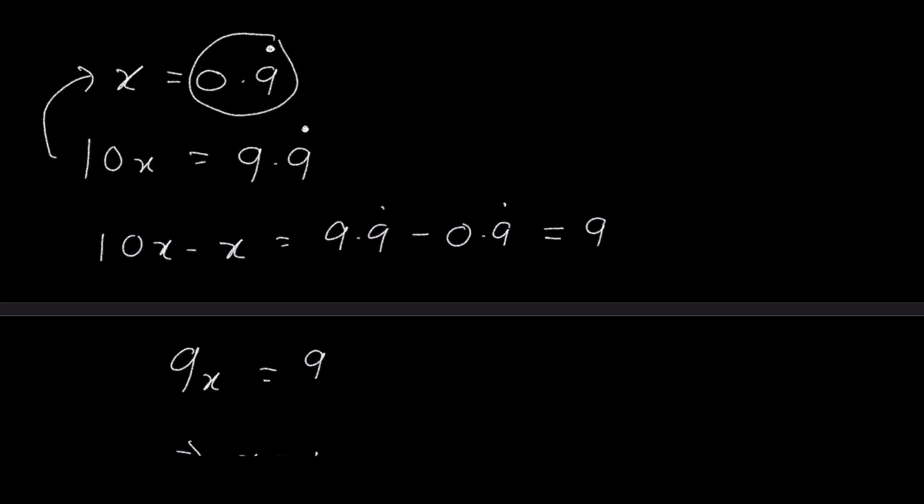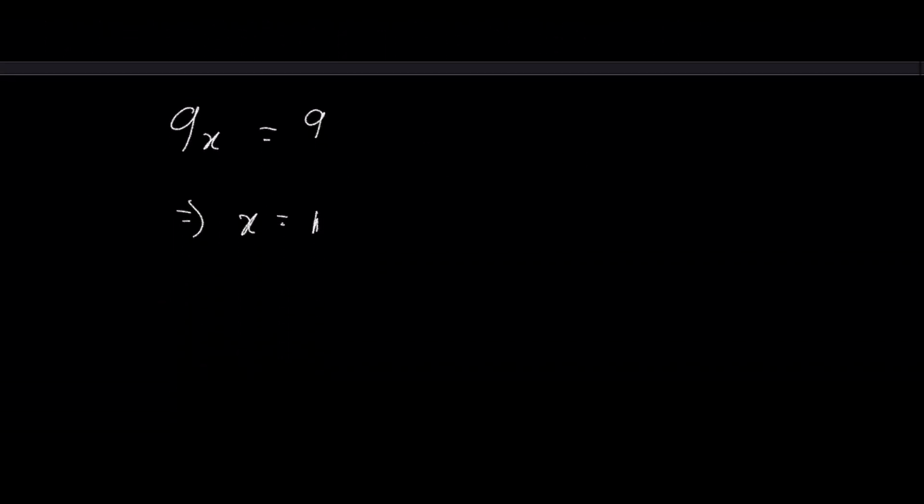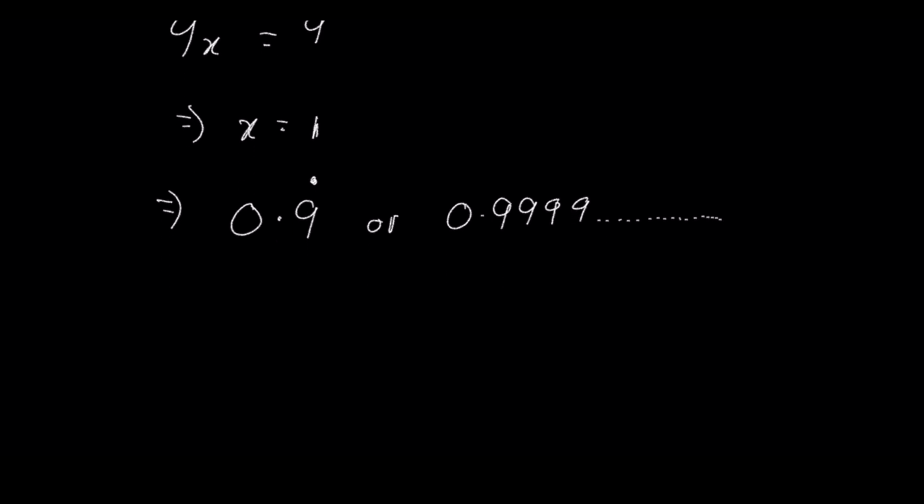Now if we go back, we can see that initially we let x equal 0.9 repeating. So what we've actually proven there is that 0.9 repeating, remember that's just 0.9999, and all those 9's go all the way to infinity, they never stop, is the same as 1.